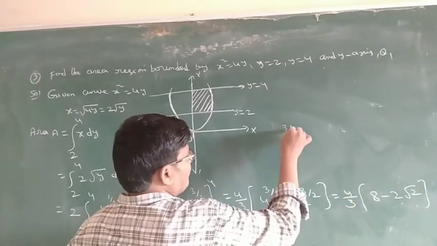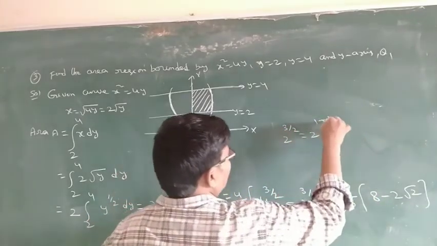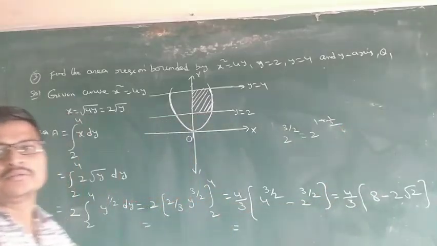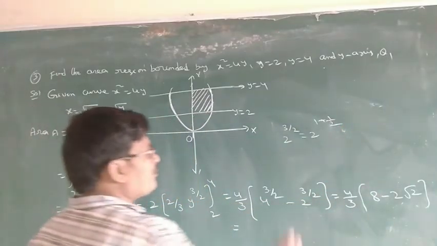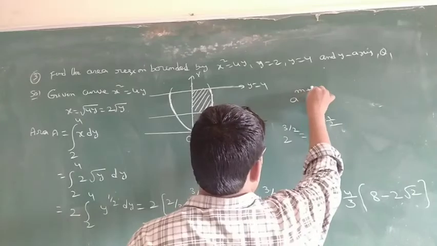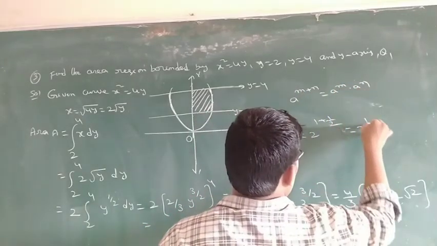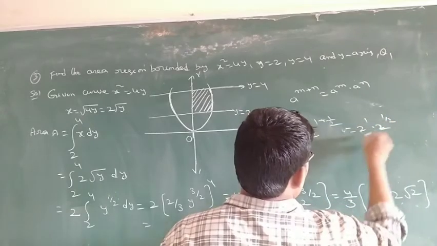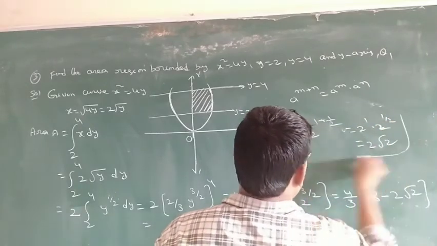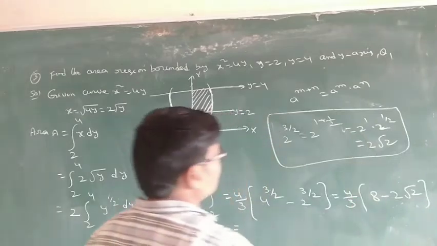2 power 3 by 2 is equal to 2 power 1 plus 1 by 2. Using a power m plus n is equal to a power m into a power n, that is 2 into 2 power 1 by 2, which is 2 root 2.